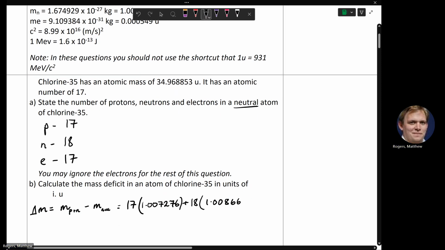And then we need to subtract from that the mass of the nucleus, so 34.968853. That calculation.